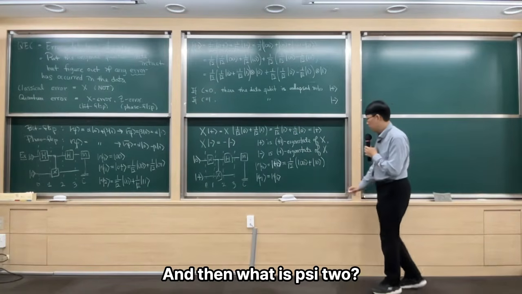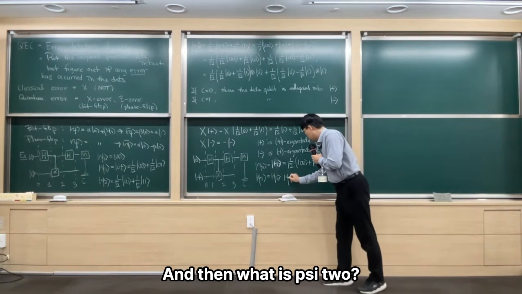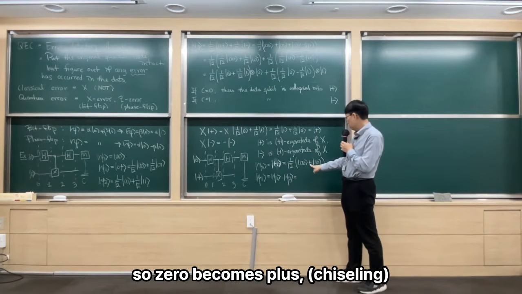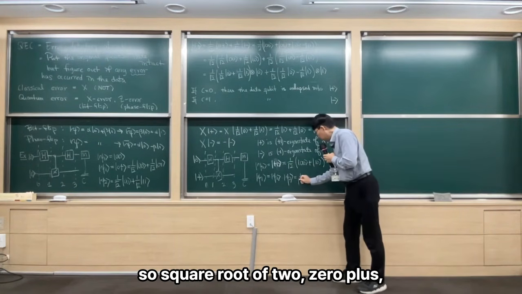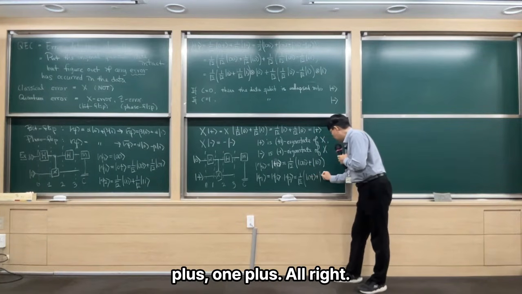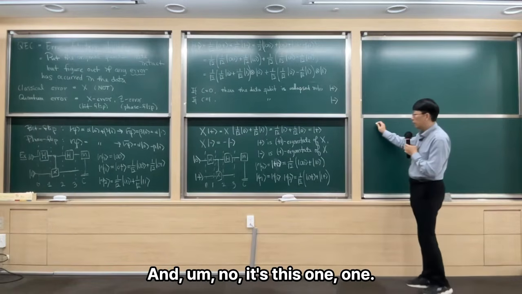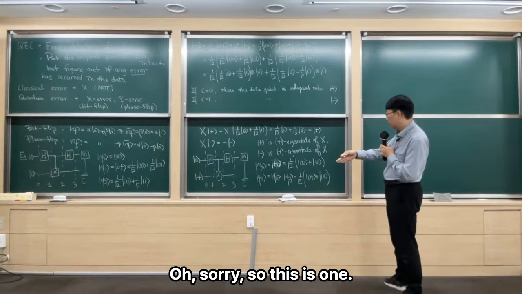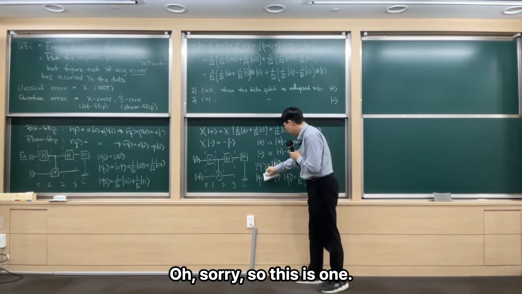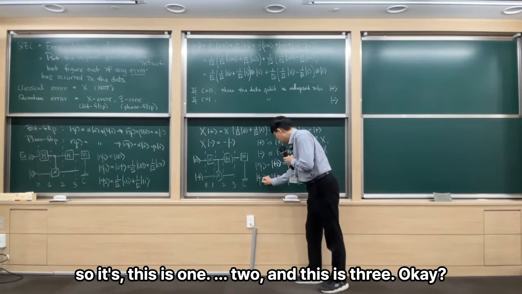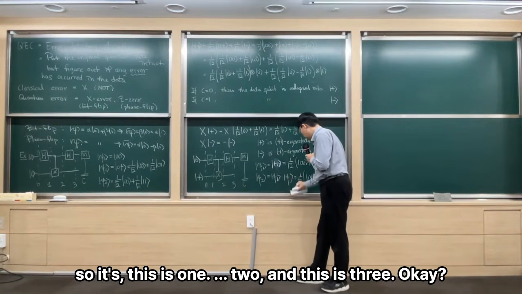Then psi 2 changes the measurement qubit, so 0 becomes plus. Oh, sorry, I made a mistake here. So this is 1, 2, and this is 3.